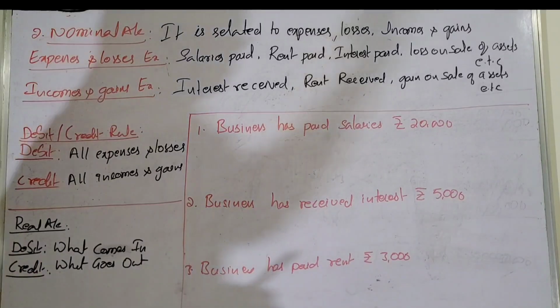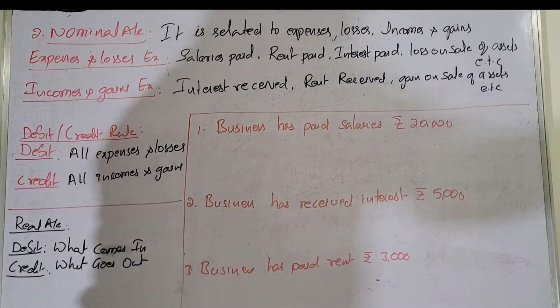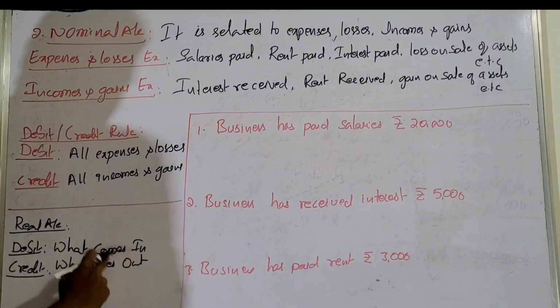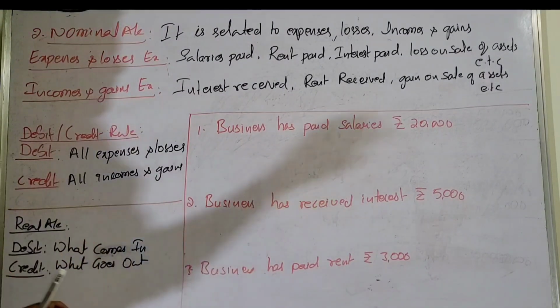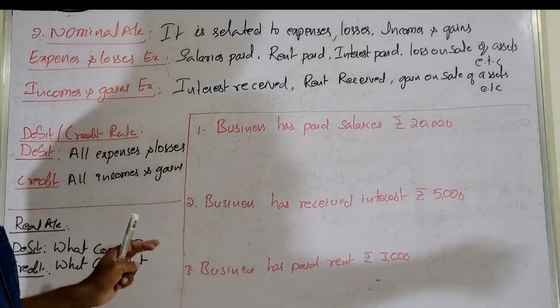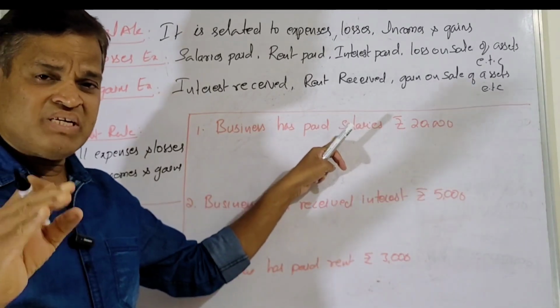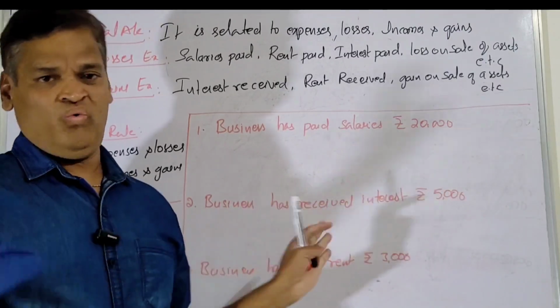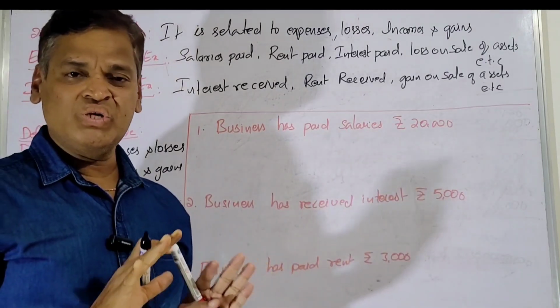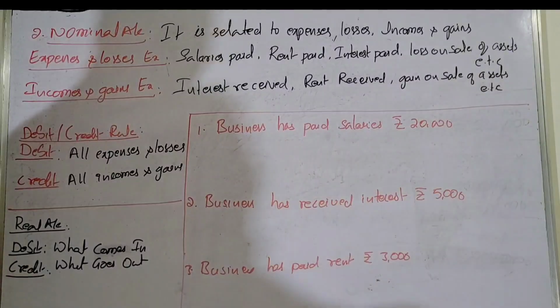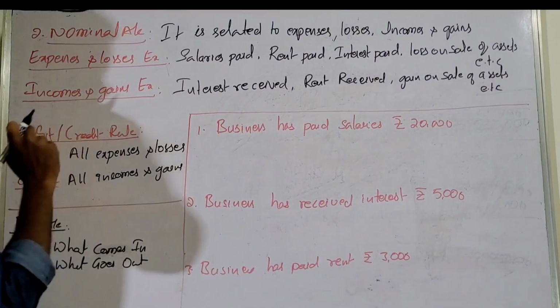If you want to write the debit, first we have to check according to real account. According to real account, when we write debit, what comes in? Means if any asset is coming into the business. Now you check in this transaction, did business receive any asset? No. Business has not received any asset. We are not getting an answer in real account. Then we have to check according to nominal account.